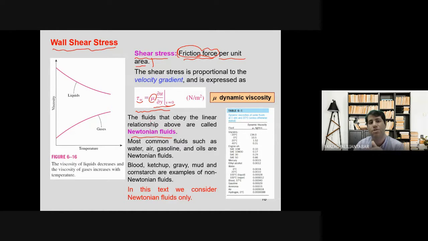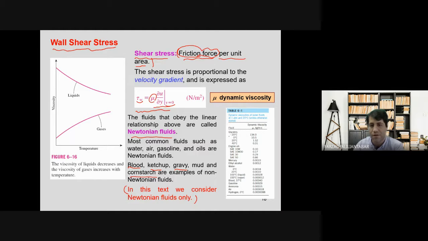And some other fluids which do not follow this equation, in other words, the shear stress is not in a linear relationship with the velocity, are called non-Newtonian fluids. Non-Newtonian fluids like blood, ketchup, gravy, mud, and especially cornstarch are not covered in our text. All of our calculations will be only for Newtonian fluids.